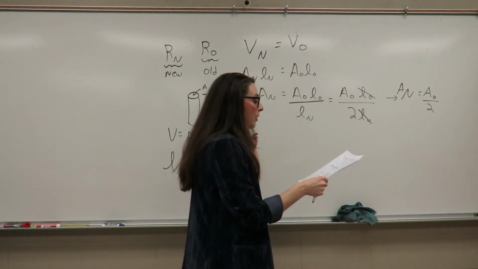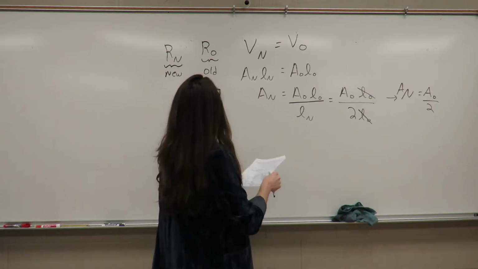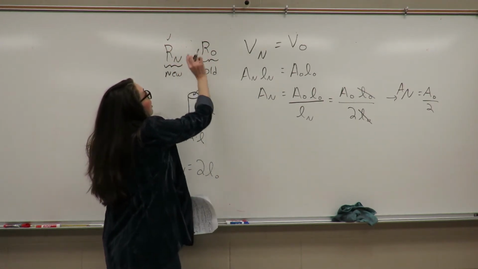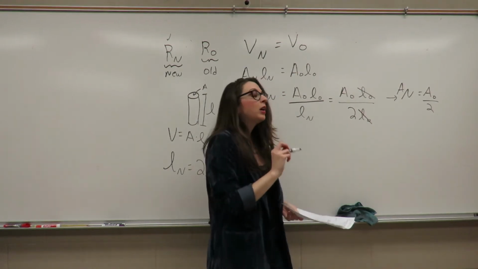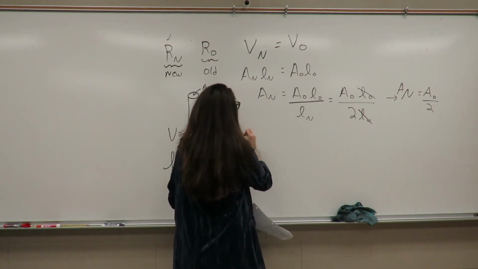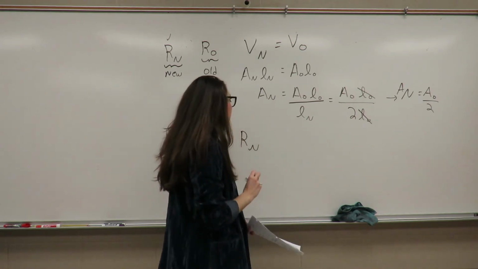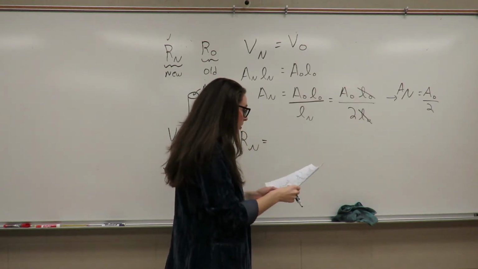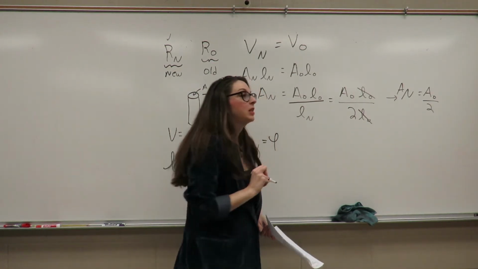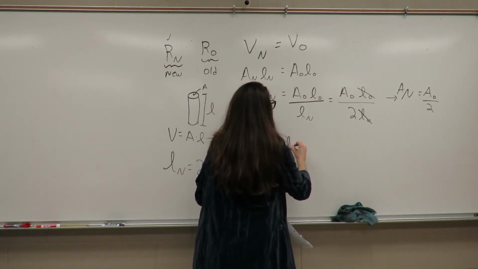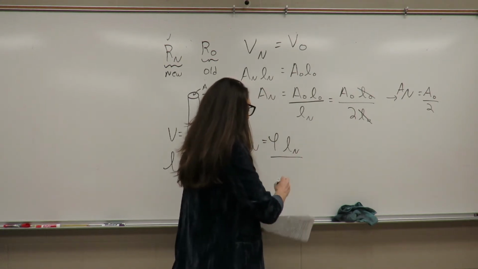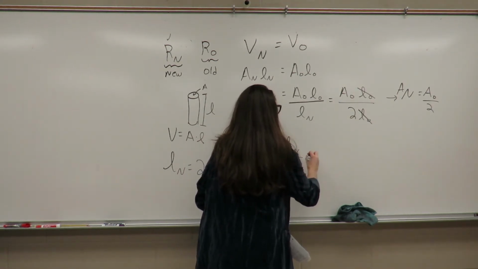Okay, so now we're looking for the new resistance in terms of the old resistance. If we look at the equation for resistance, it equals the resistivity of the material, which does not change, times the new length divided by the new cross-sectional area.